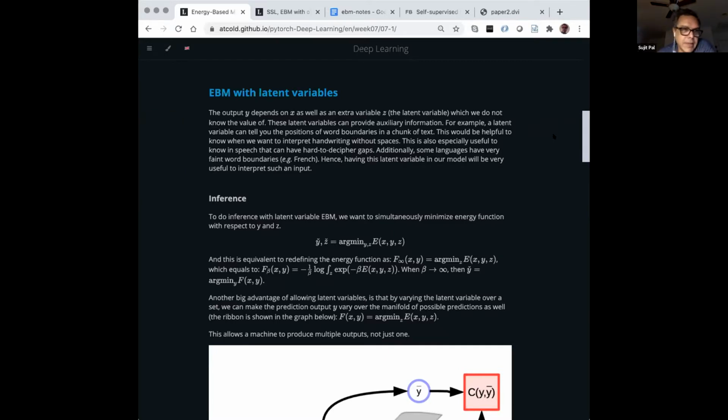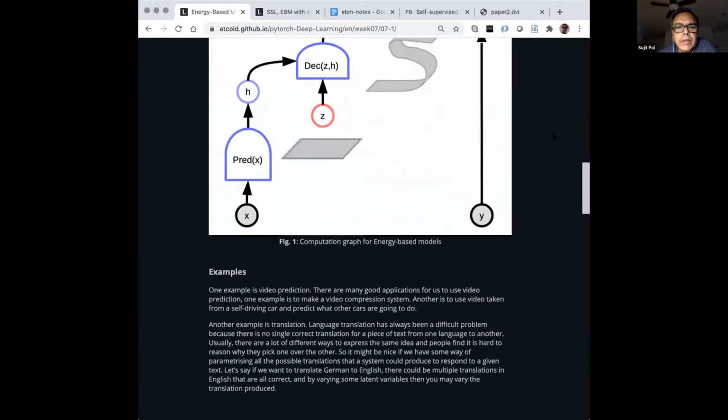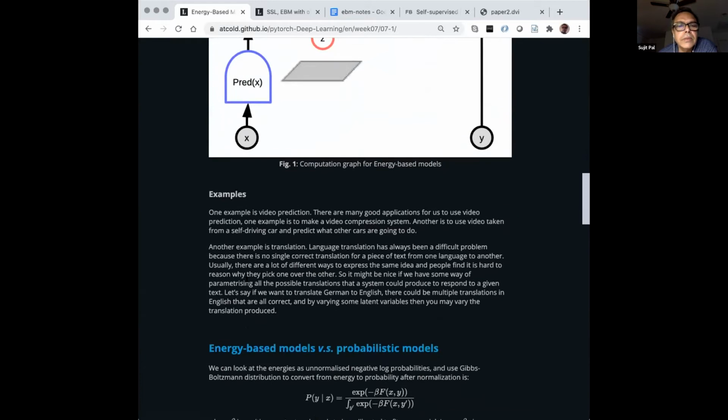He also covers very similar examples with handwriting analysis, and there is one other where he talks about video, right? So another example is translation. This is more in terms of one input string having multiple output strings based on some latent variable. For translation from German to English, there could be multiple translations to English that are all correct.